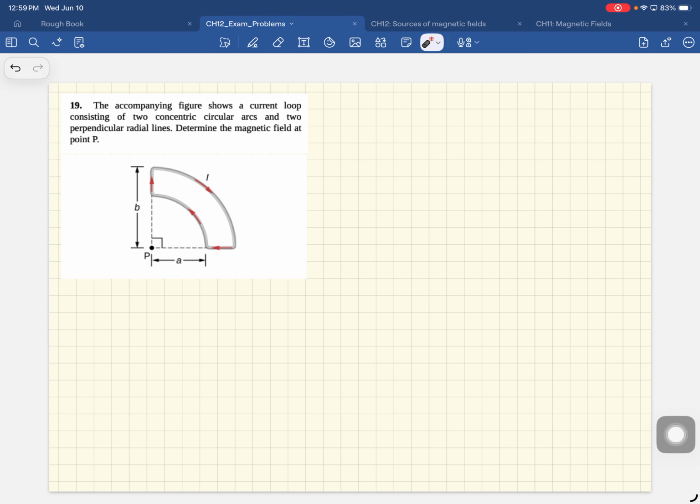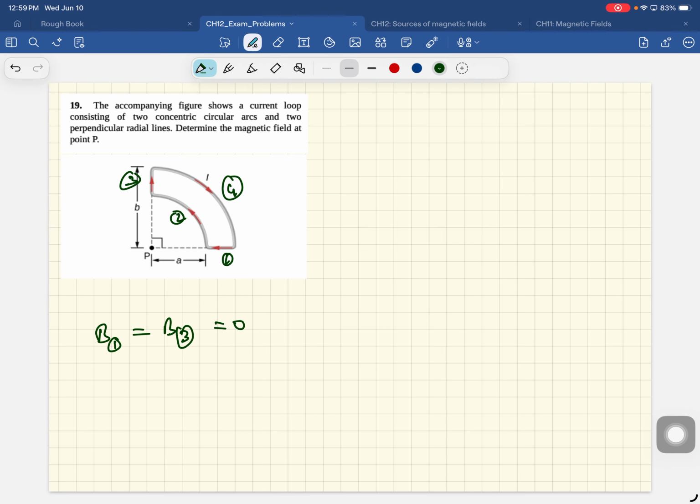So the net field is 1/4 mu naught I over 2a minus 1/4 mu naught I over 2b. That's the net field, and it's coming out of the sheet of the paper.